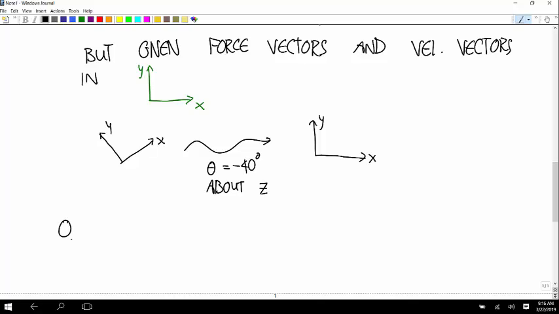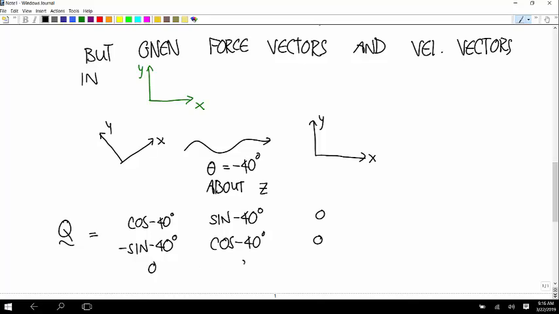So your rotation matrix is cosine of -40, sine of -40, 0, negative sine -40, cosine of negative 40, 0, 0, 0, 1.